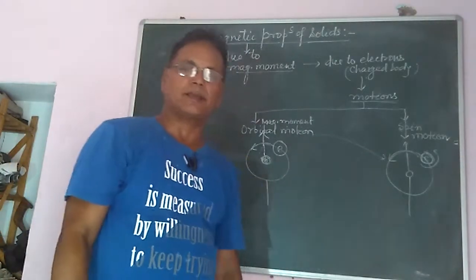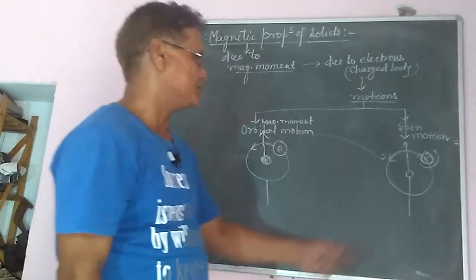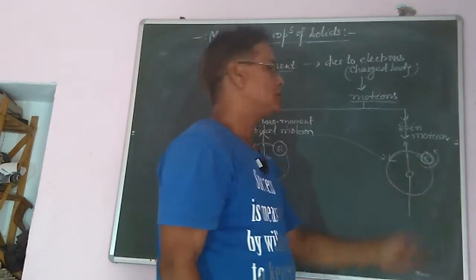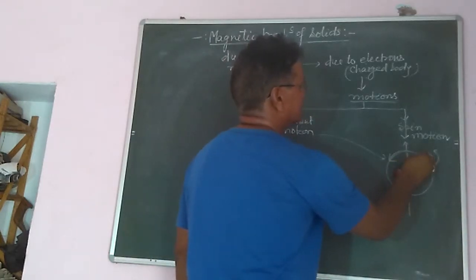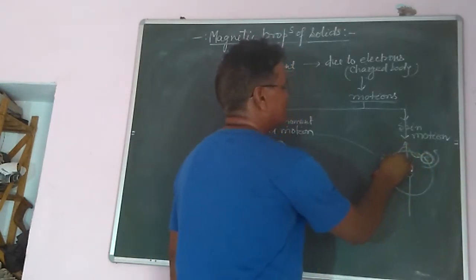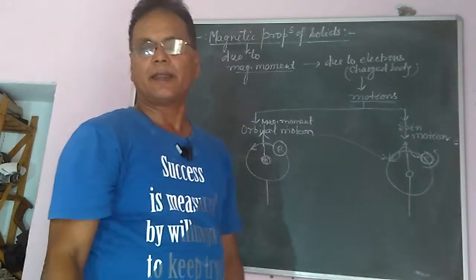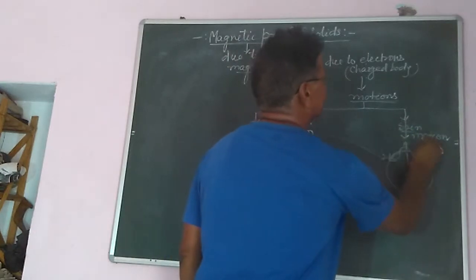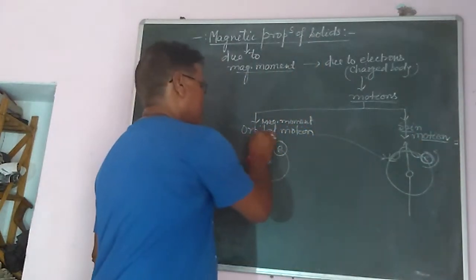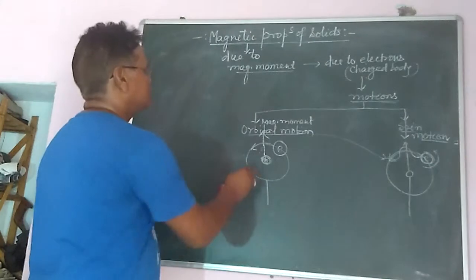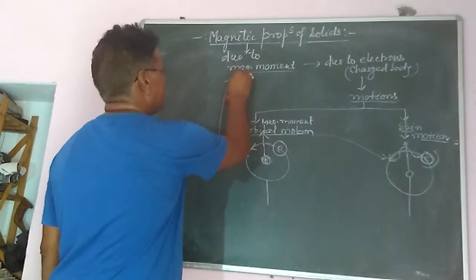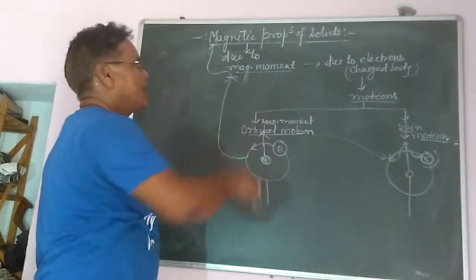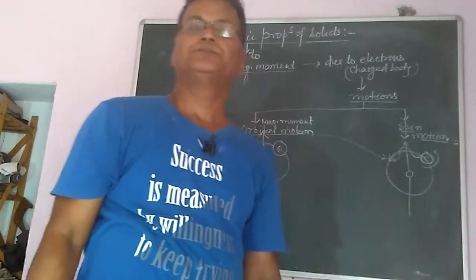One clockwise and the other anti-clockwise. This electron will also show spin. And due to this spin motion and orbital motion, the solids possess magnetic moment, and due to magnetic moment, the solid shows magnetic properties.